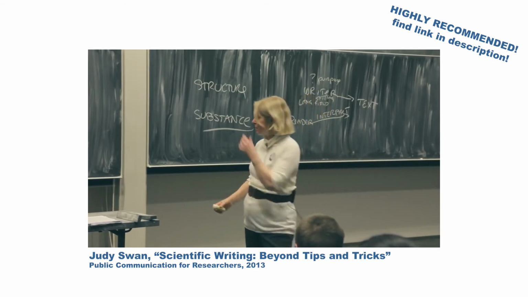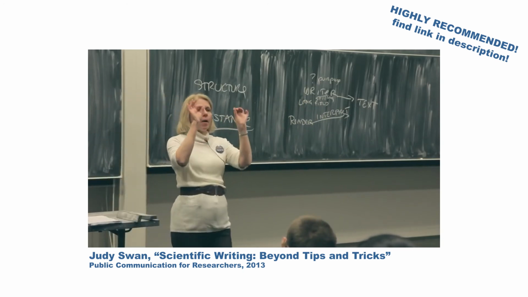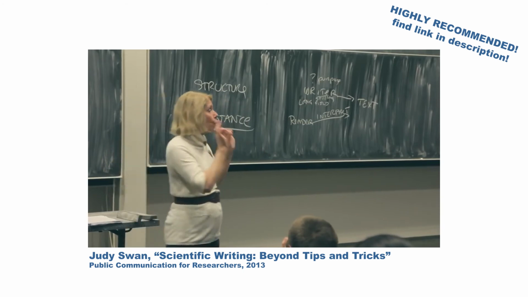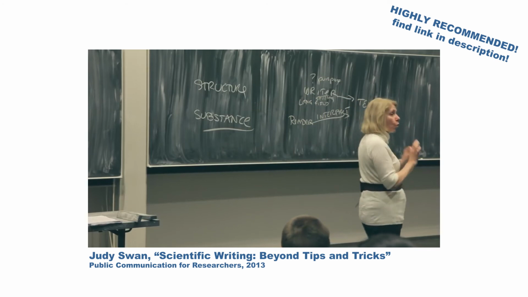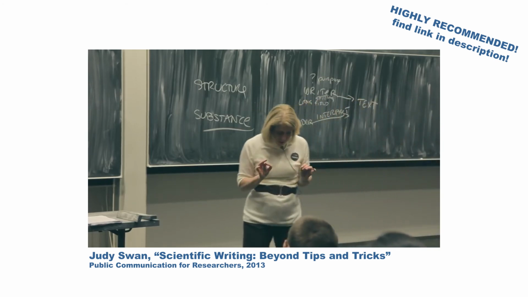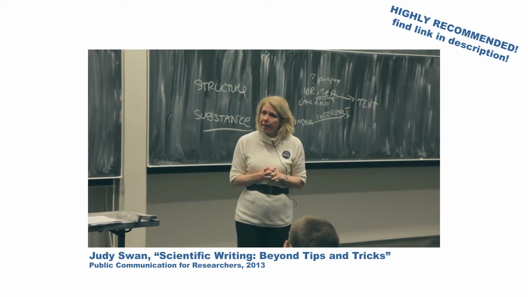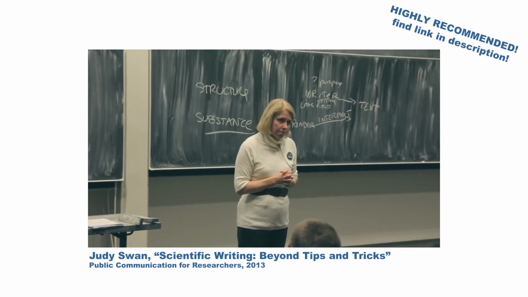This is from an excellent workshop held by Judy Swan. The link is in the video description and in the information box on top of the video. Okay, if you have a strong enough word, it can carry the day. For instance, try this sentence. Although Fred's a nice guy, he commits genocide.